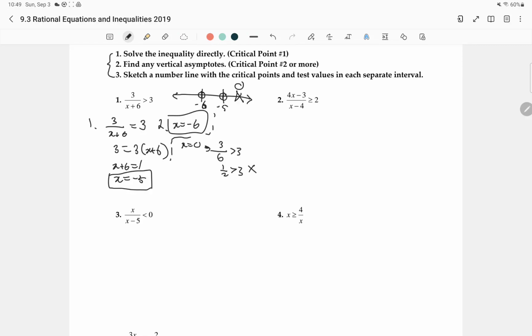Anything greater than -5 will not work, so why don't we try something like -7. So x equals -7, so we have 3 over -7 plus 6 is going to be -1. It's greater than 3. -3 greater than 3, obviously not, so this doesn't work either. And now we have to check this middle one, so we're just going to do -5.5.